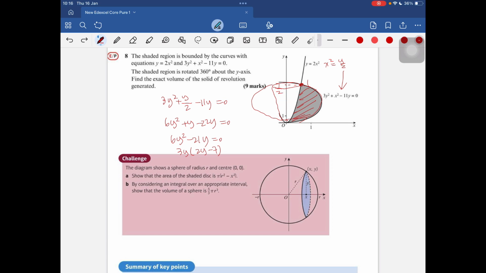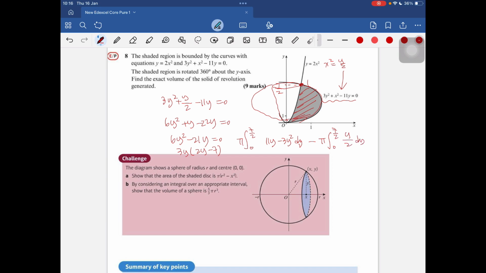So pi integral 0 to 7 over 2, where x squared is 11y minus 3y squared, dy, minus pi integral 0 to 7 over 2, where x squared is y over 2, dy.